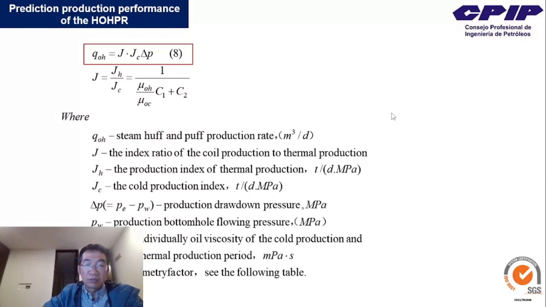PW means production bottom hole flowing pressure. And UOH means individual oil viscosity of the cold production and thermal production period. And C1, C2 mean geometry factors. See the following table.